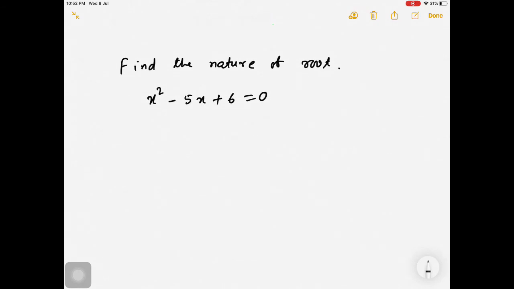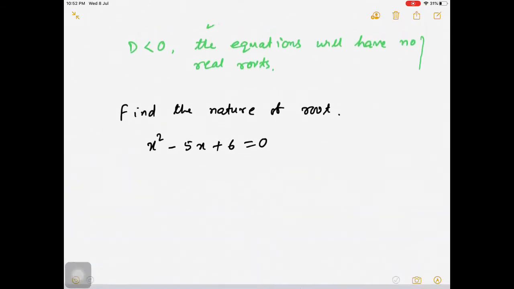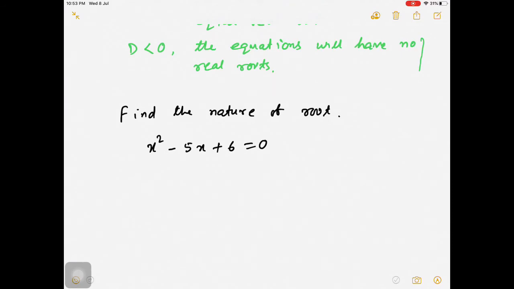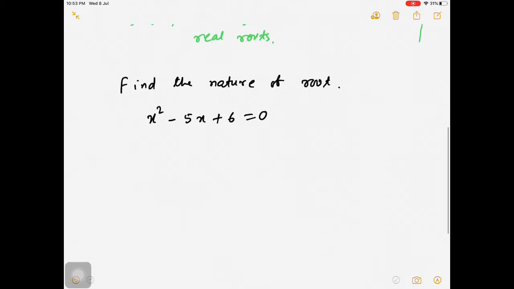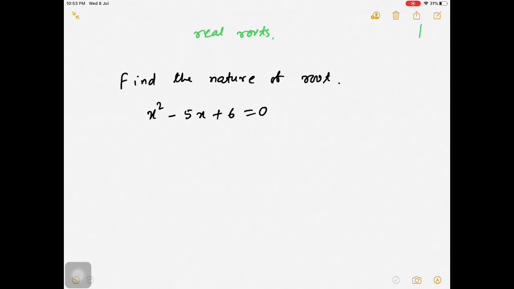Then what is D here? We just need to find the value of D only. We do not need the value of x here because we want only the nature of roots. Just find the value of D and you can find the nature of roots.